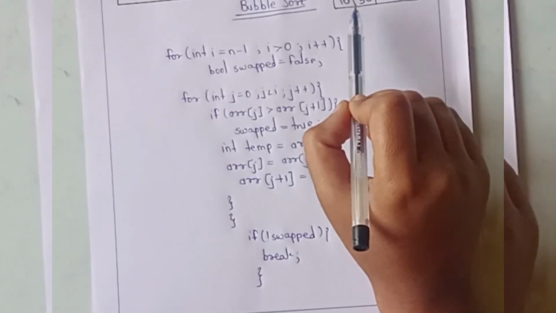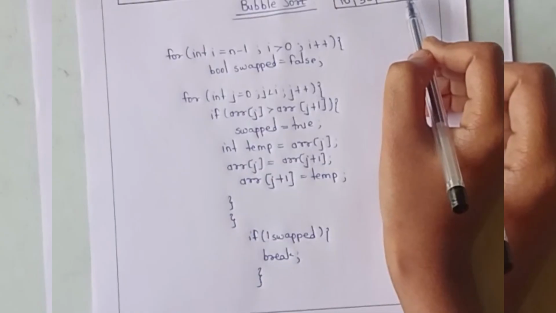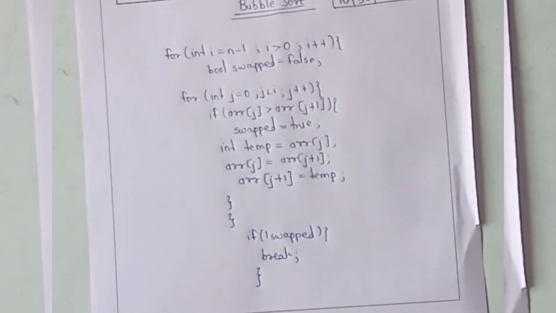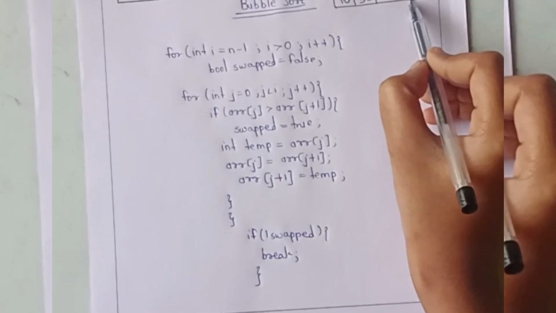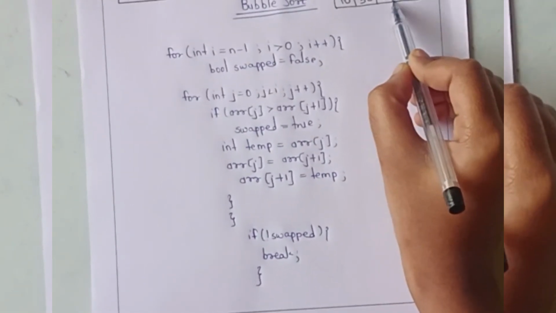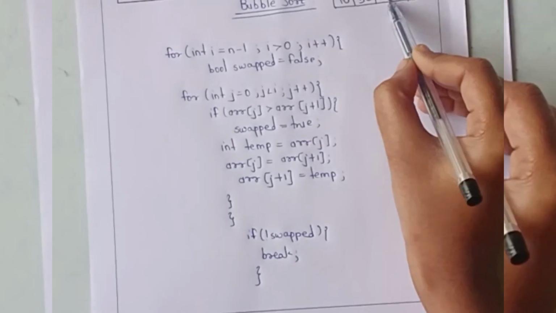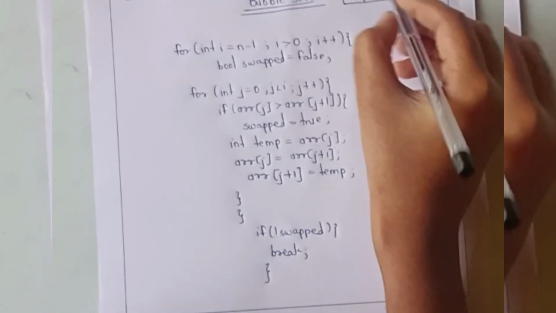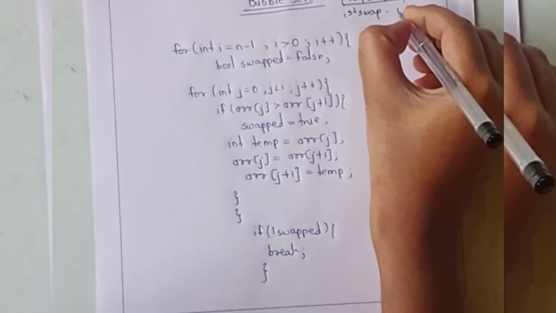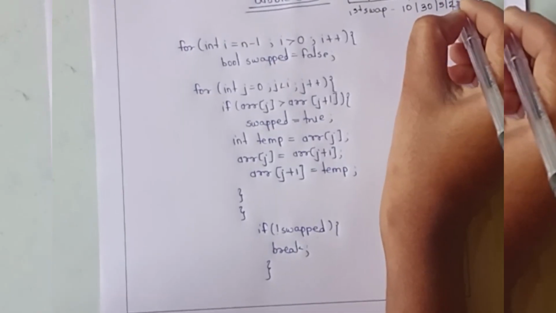So it will be starting from the n minus 1 position, means the bubble sort will see the array from the n minus 1 position. So suppose we have 5. So it will check if this 5 is greater than or smaller than 20. So our 5 is smaller than 20. So it will swap these two numbers. So in the first swap, it will become 10, 30, 5, and 20.